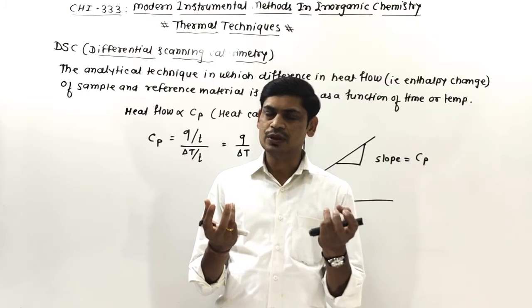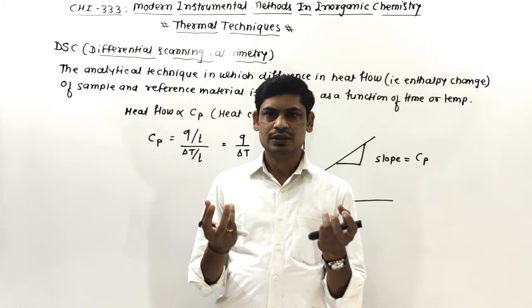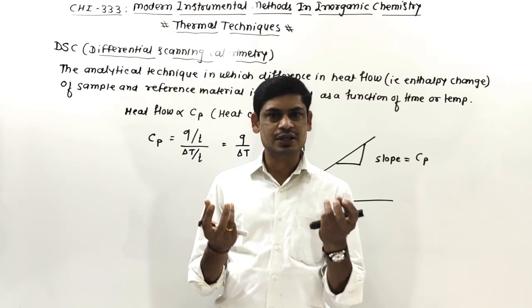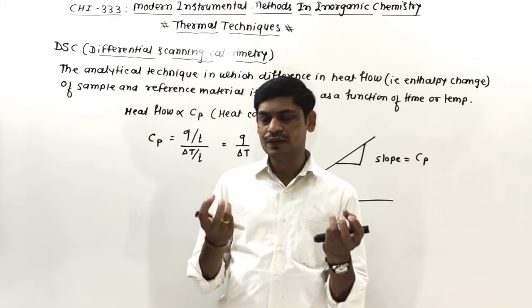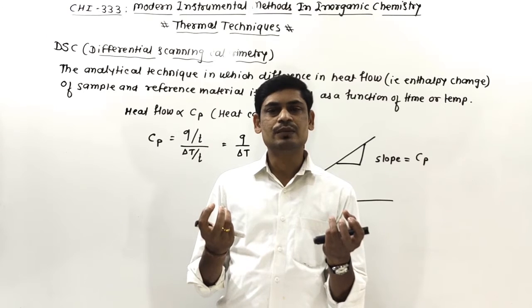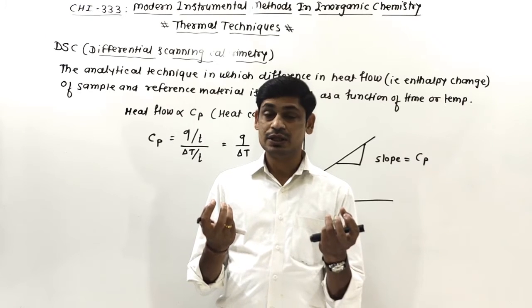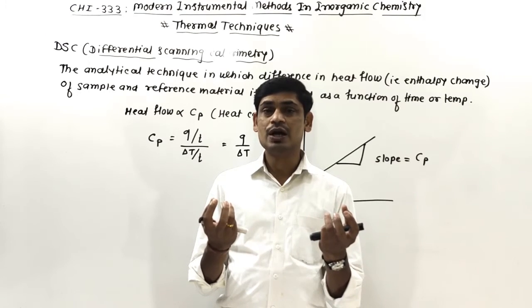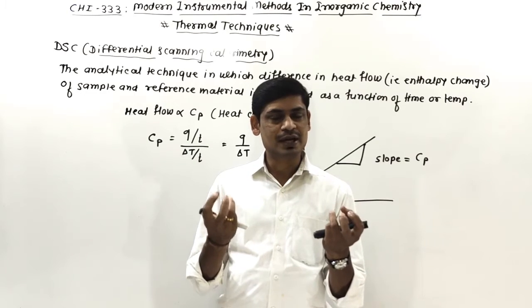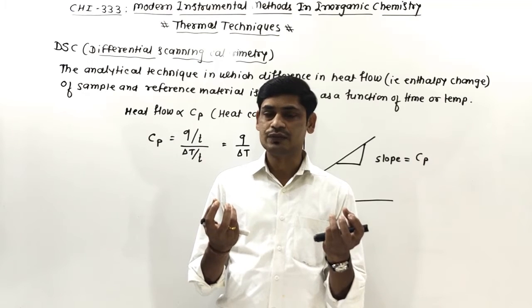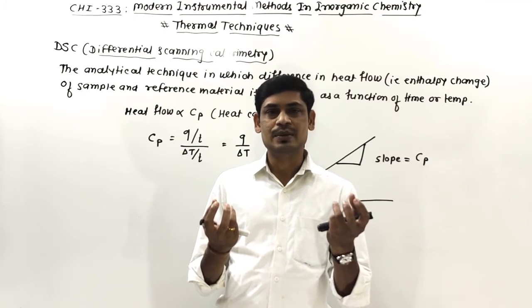Now depending upon that, the heat flow, or you can say the heat content, that is the enthalpy of the sample, will be different than the enthalpy of the reference material. But our condition is that we have to keep the temperature difference between the sample and reference constant, and therefore we have to change the power to the sample material.